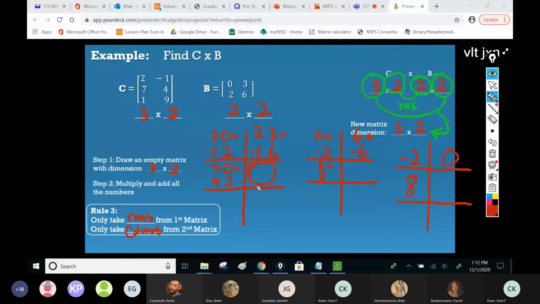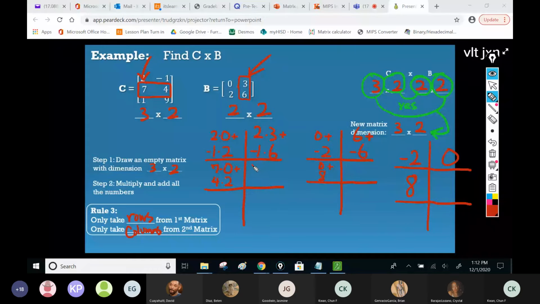All right, let's do this one right here. So this one right here, this is the second row. Second row, so we need our rows from the first matrix. This is the second column. So we need our columns from the second matrix. Right now, first number times first number.